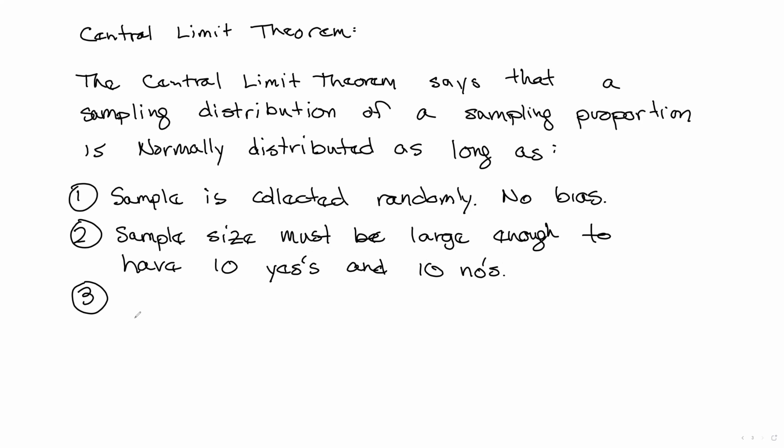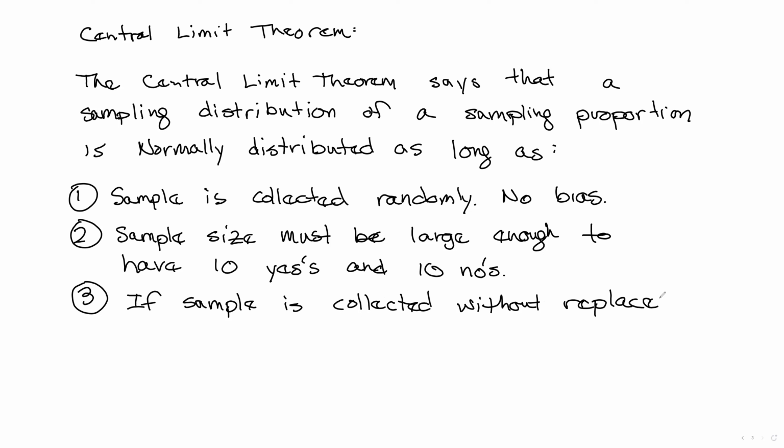And then three, this is the same condition as the last section. If the sample is collected without replacement, the population needs to be 10 times the size of the sample.